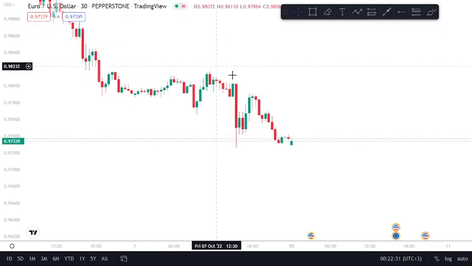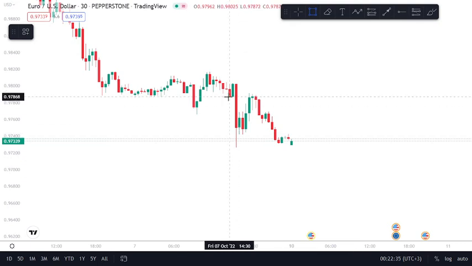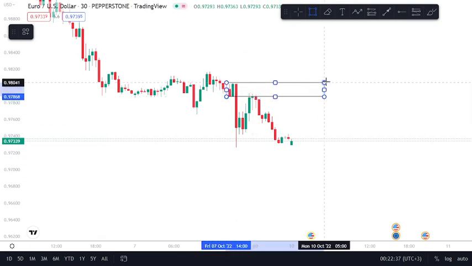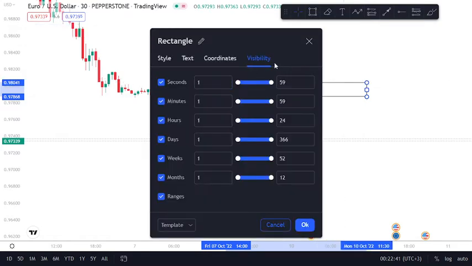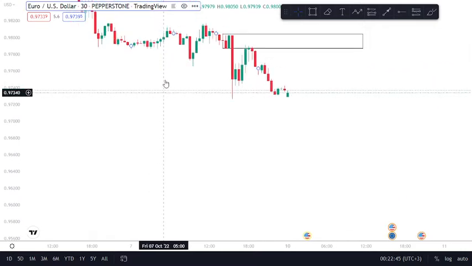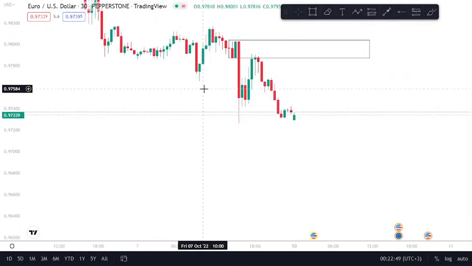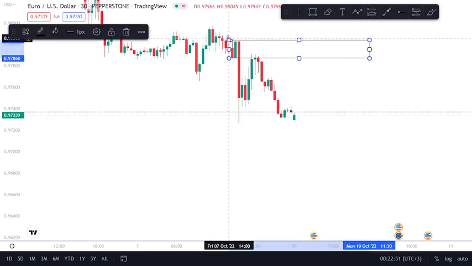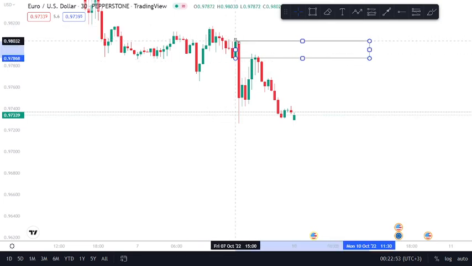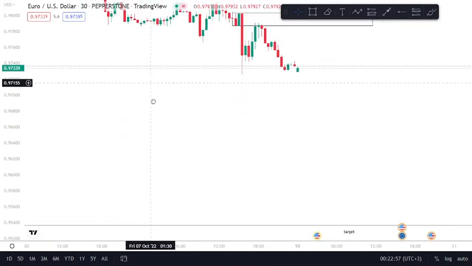It left what we call the supply or the demand zone, which was mitigated with these candlesticks. Mitigation or imbalance, to those who are new to it, is something that we are going to be learning in the long run.